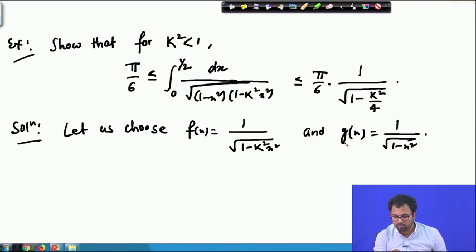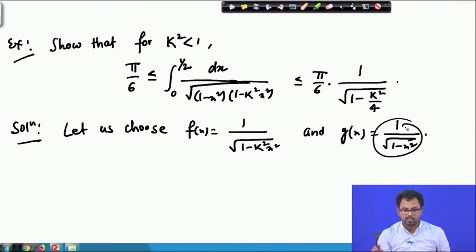So obviously they are bounded in the interval 0 to half, because k square is less than 1. So this quantity is bounded and this quantity is bounded, and of course this function g keeps the same sign between 0 to half, and therefore it satisfies the criteria of the first mean value theorem.